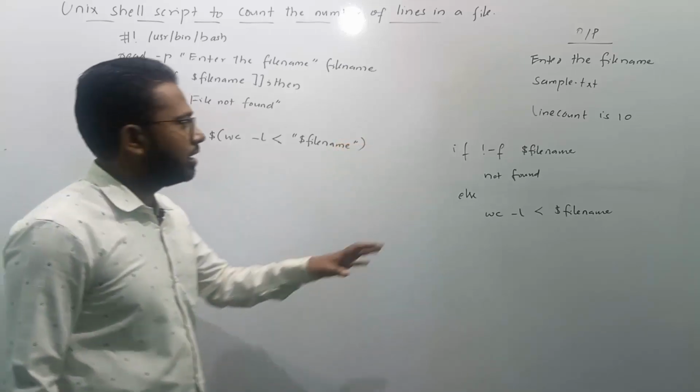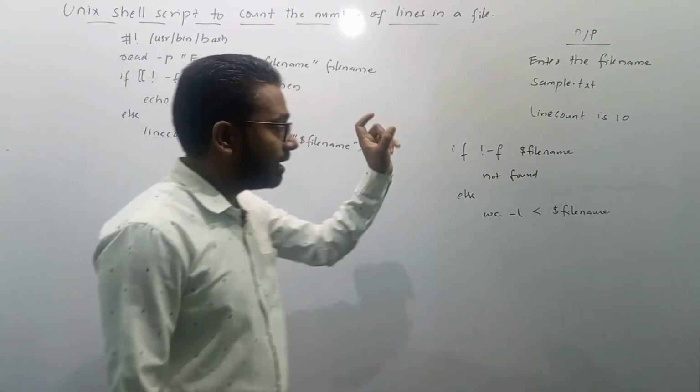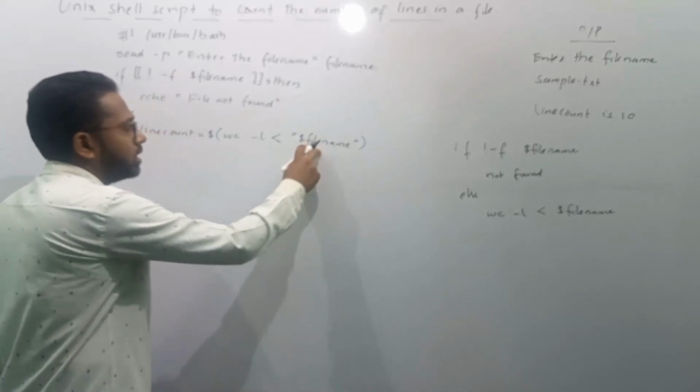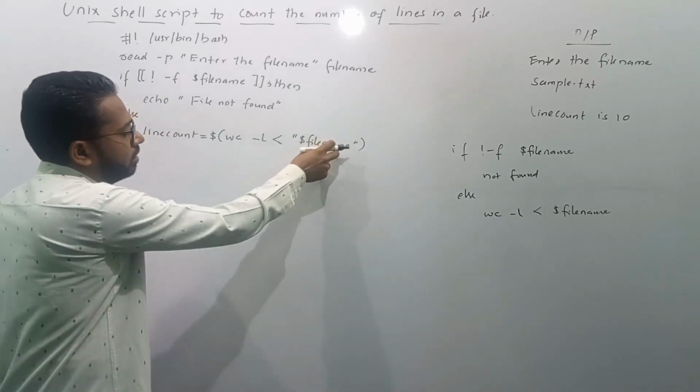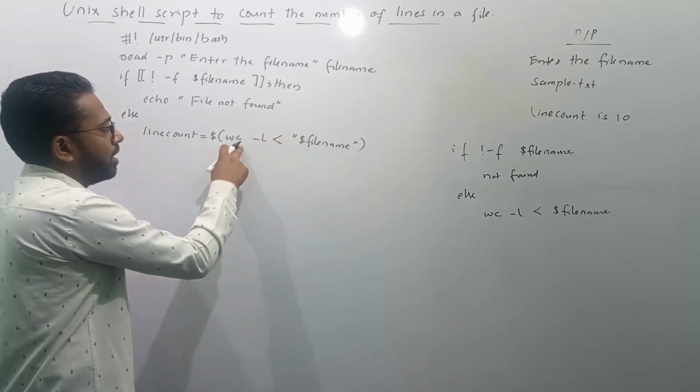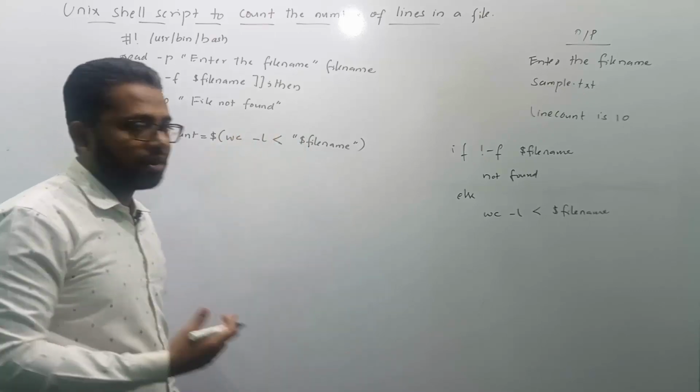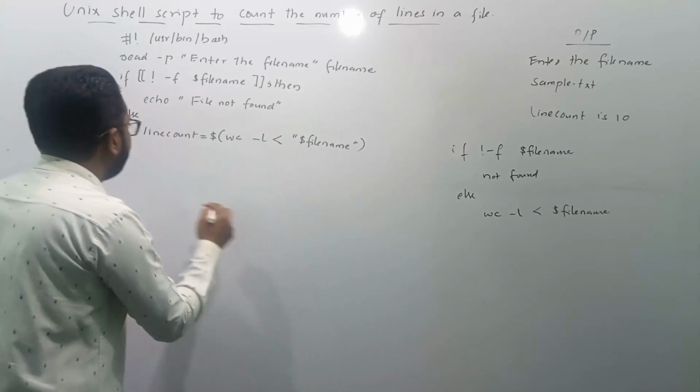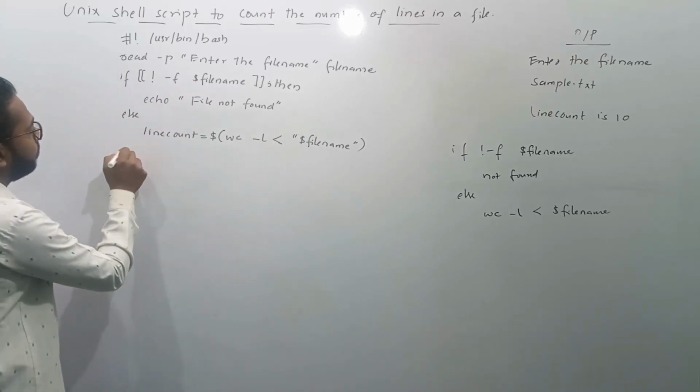Let us suppose the user has entered the name of the file as sample.txt. Then that file name gets stored inside this filename variable, and the data of this file gets passed as an input to the wc command, where the wc command will count the number of lines present under that file, and it will print.